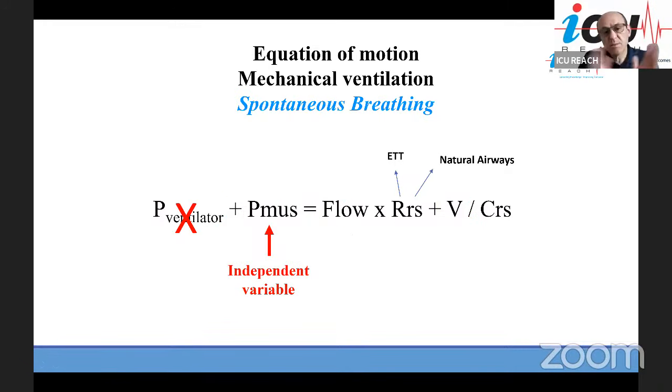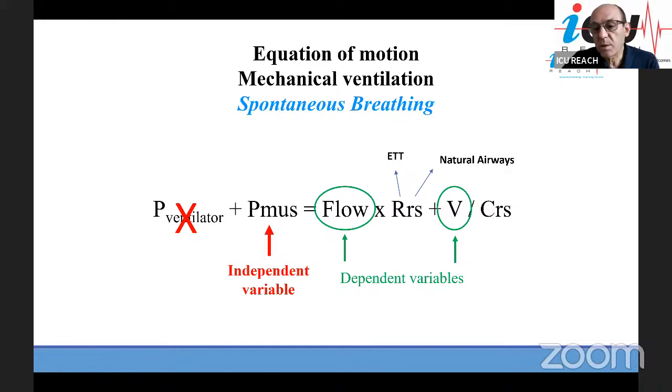So if we're not supporting the patient, the ventilator pressure is 0. We're doing a spontaneous breathing trial. When a patient is intubated, the patient has to do the work. So the independent variable is the patient's pressure.